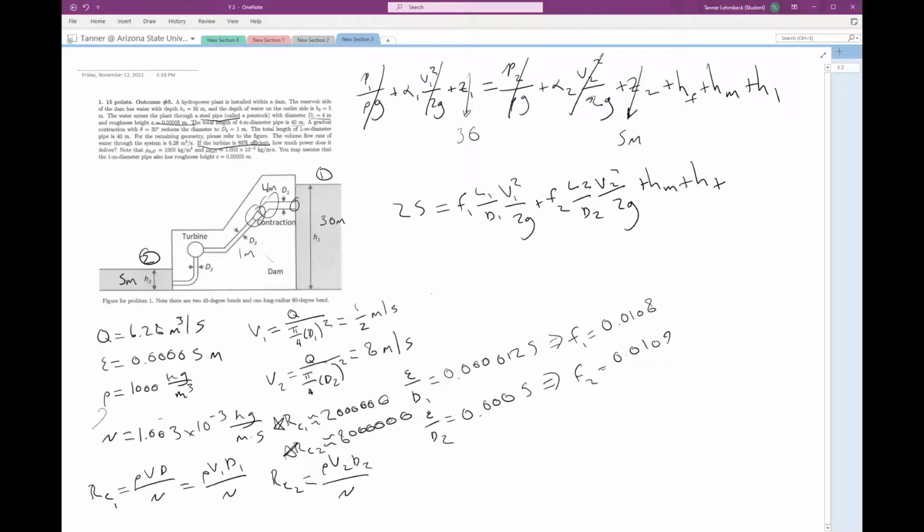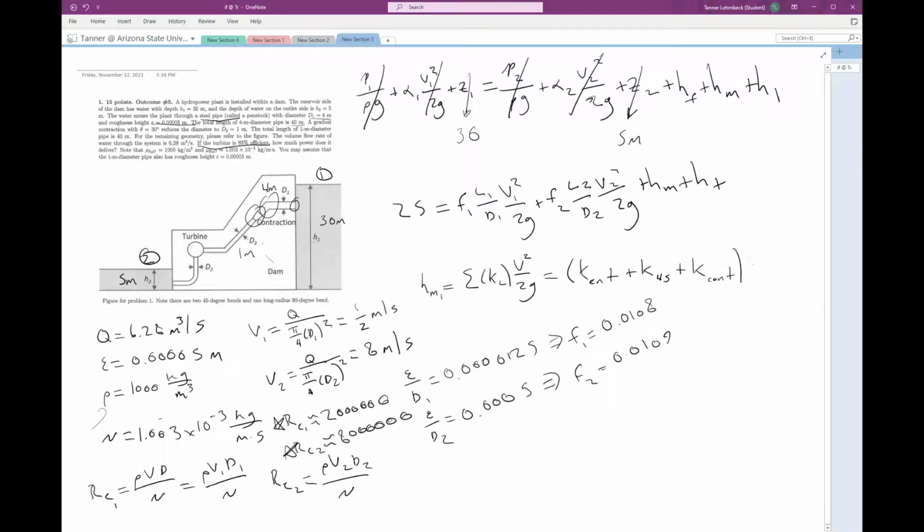Remember, we have that expression for minor loss. We take the sum of the minor loss coefficients, and then we multiply that by V squared over 2g. And this gives us the total minor loss based on all of the different minor losses that take place. So if we expand it out for section 1, we're going to have a coefficient for our entrance, plus the loss coefficient for that 45-degree bend, plus the loss coefficient for that contraction.